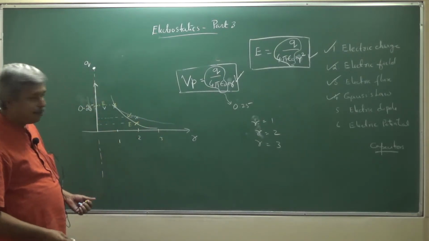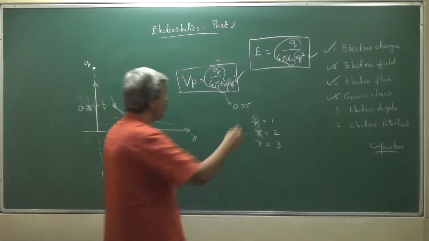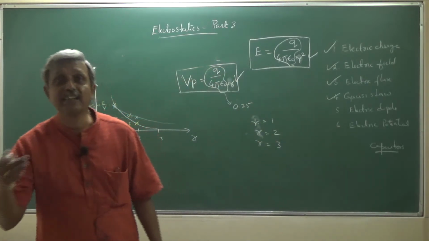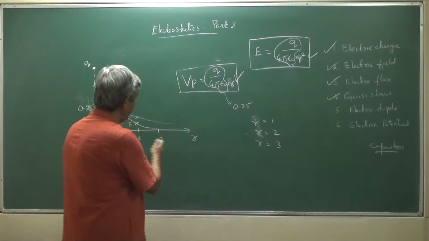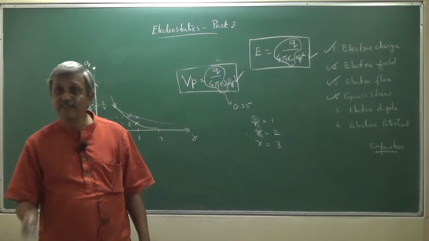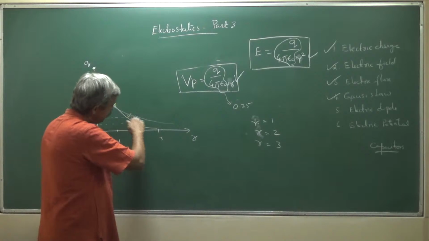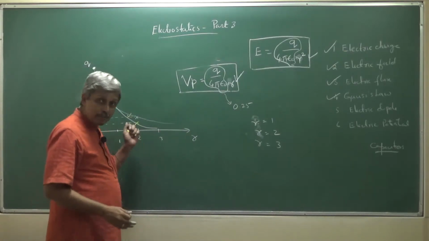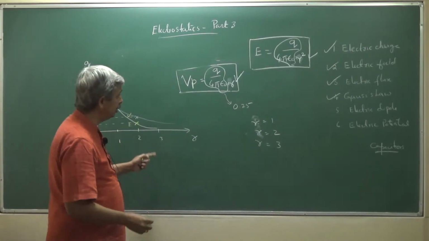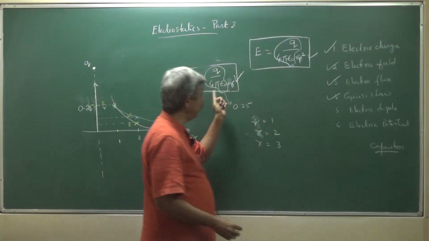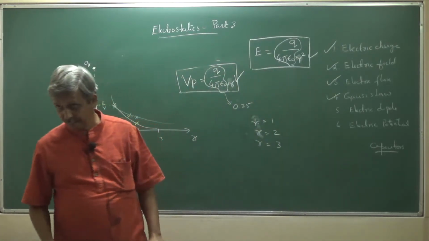So generally what happens is that because there is R square here, E actually gets lesser and lesser much faster. As you go further and further, E becomes very, very less. Whereas in this case, this will become also less, but not as much. So that is why E is proportional to inverse square. This is proportional to just inverse R.